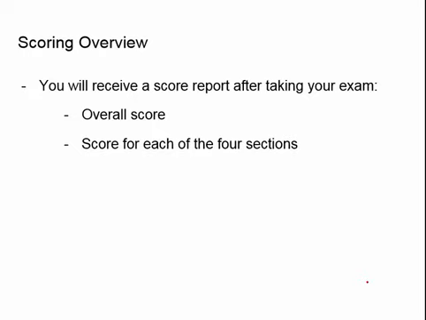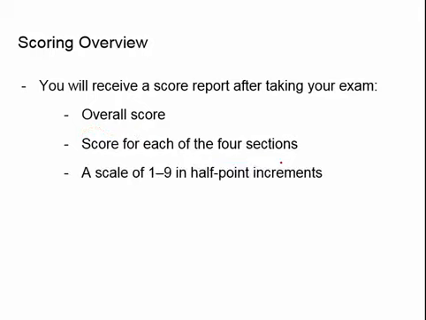Your overall score is really your average score from the scores you receive in listening, reading, writing, speaking. I'm going to describe that a little more in detail later in this lesson. For now, just know that you'll receive all of those types of scores after you take the exam.